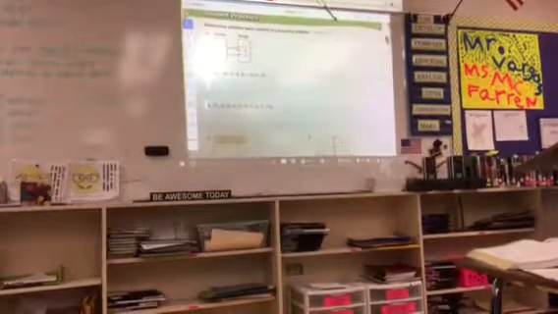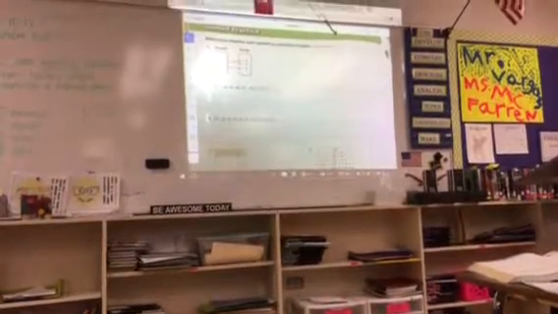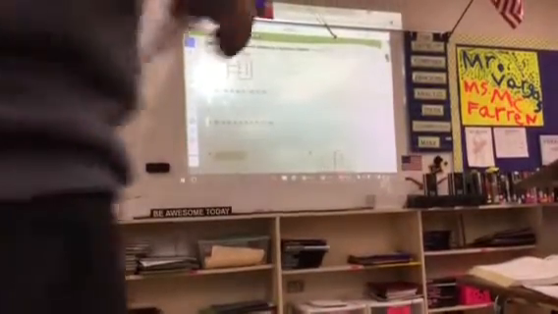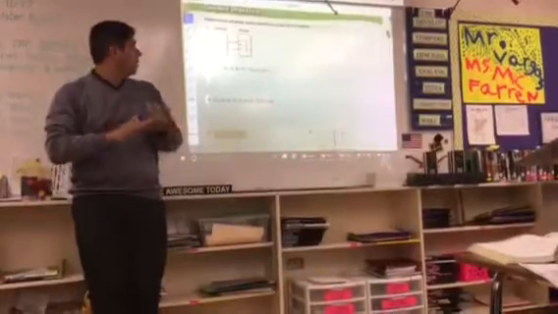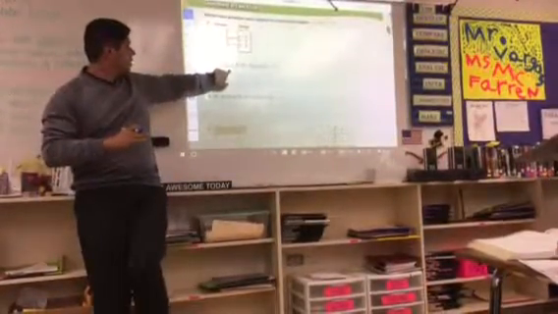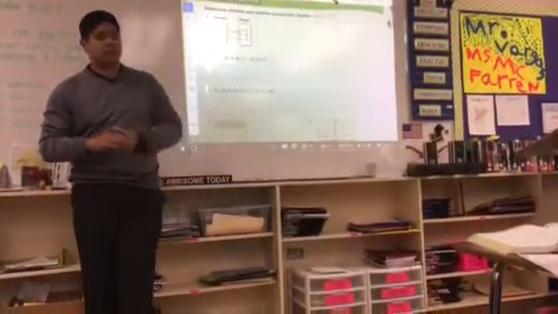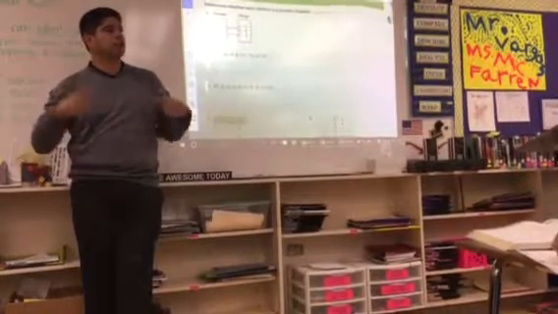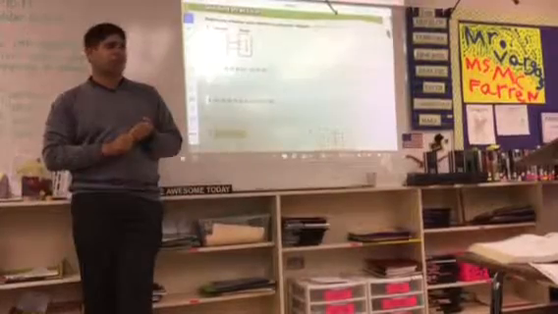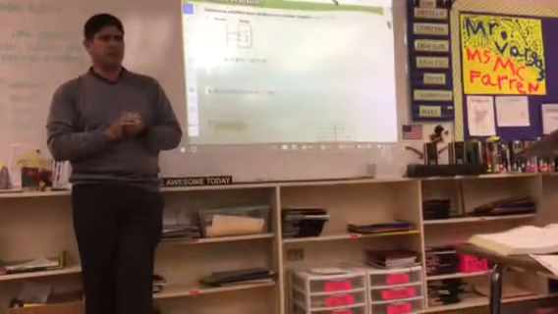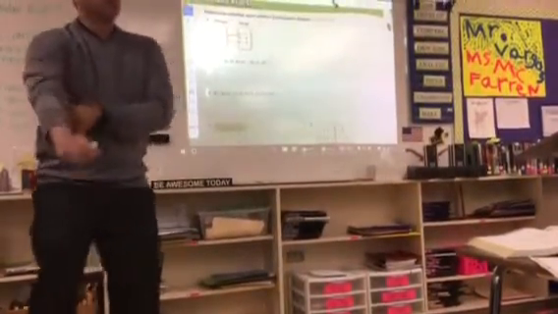Page 280. We're going to talk about functions, whether we can tell if it's a function or not from a mapping diagram, points, tables, and graphs. Okay, so we kind of talked about this on Friday.